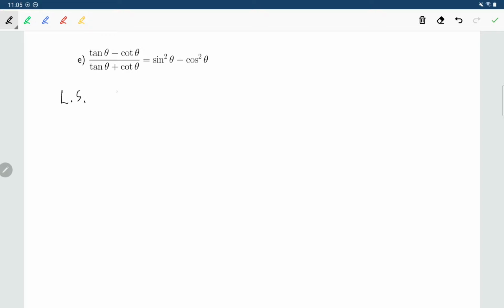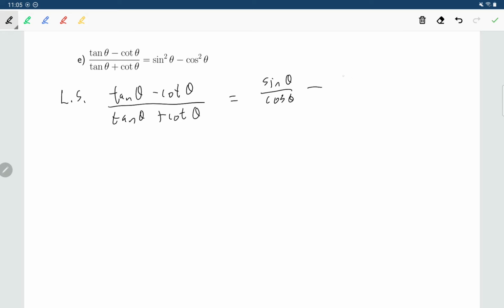So I'm looking at tangent theta minus cotangent theta over tangent theta plus cotangent theta. And I know tangent could be rewritten as sine divided by cosine, and cotangent could be written as cosine divided by sine.